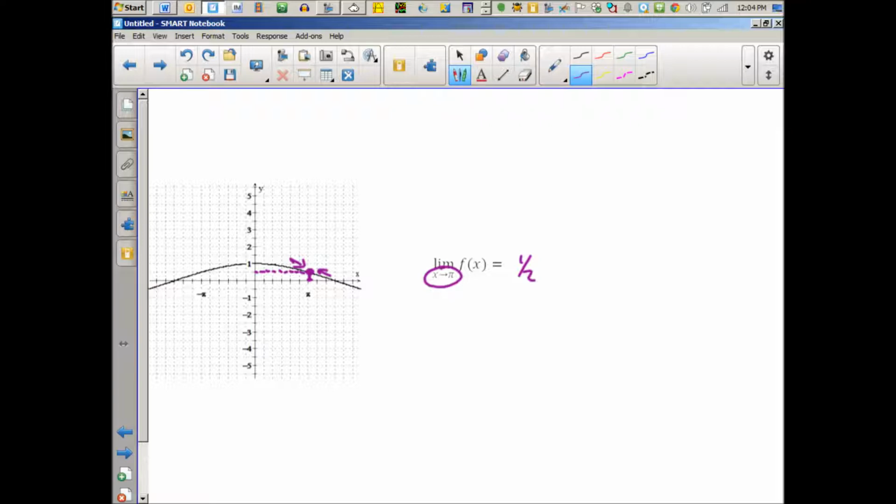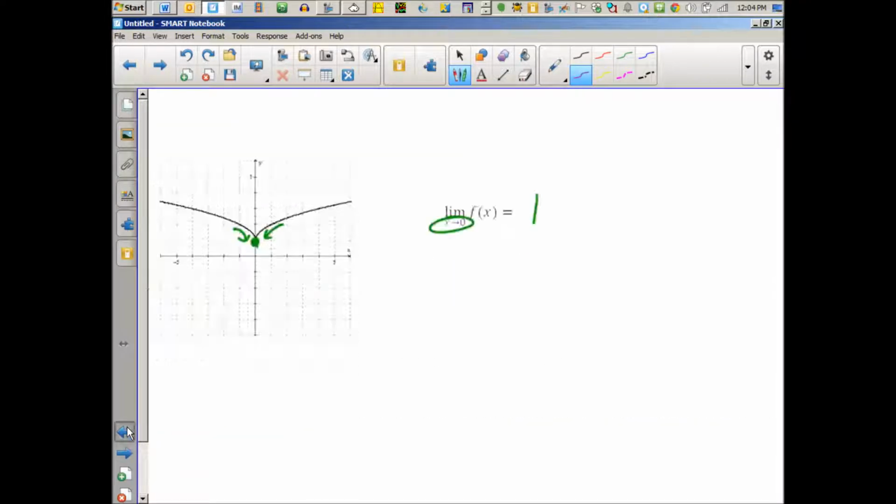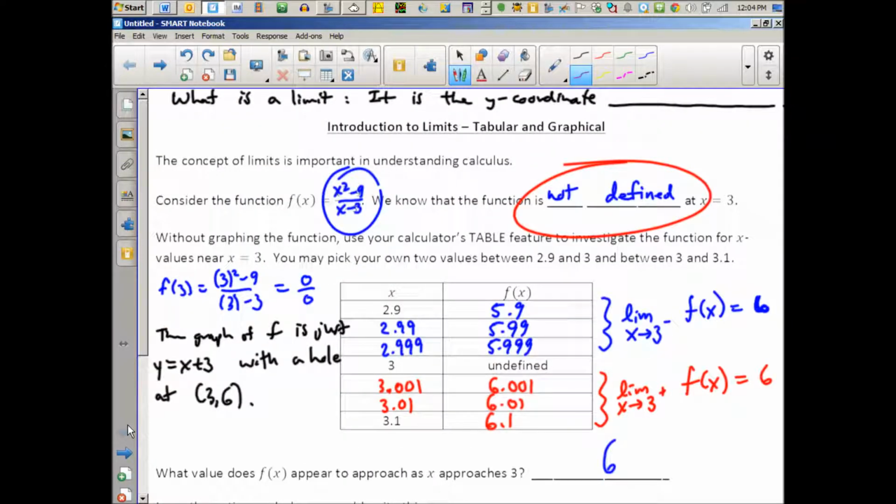So I think we are correct to say that a limit is a y-coordinate. I think we can finish our sentence now. Okay? So let's go back to the top of your page, and we're going to finish the sentence. It is the y-coordinate that a function approaches as we approach a certain x value. Okay? So that's the rest of our sentence. I'll fill it in. You should copy it down. It's very important.